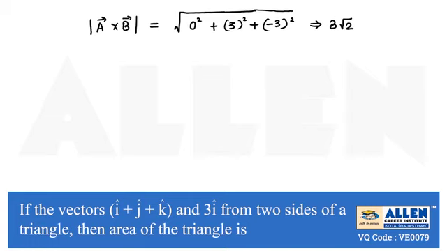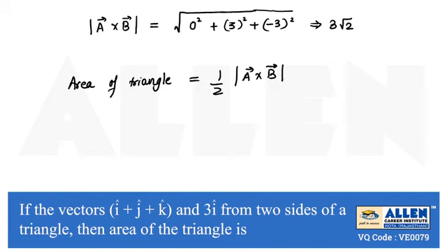Now we have to find the area of the triangle with the help of this. So the area of the triangle, as we have discussed, is half of the magnitude of the resultant of A vector cross B vector. So here we can see that it is half of the modulus, which is coming out as 3 root 2.